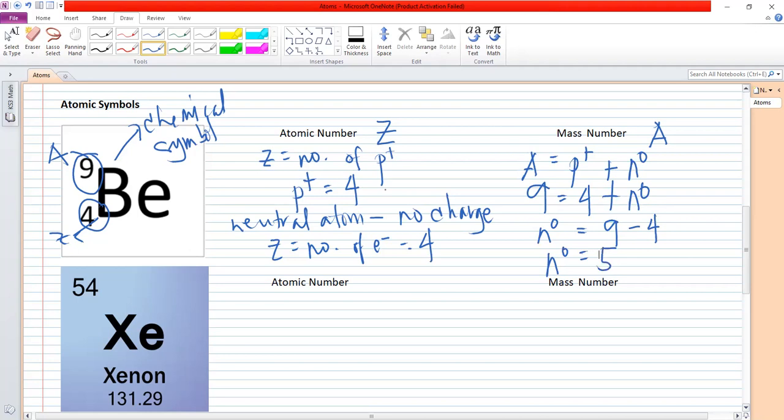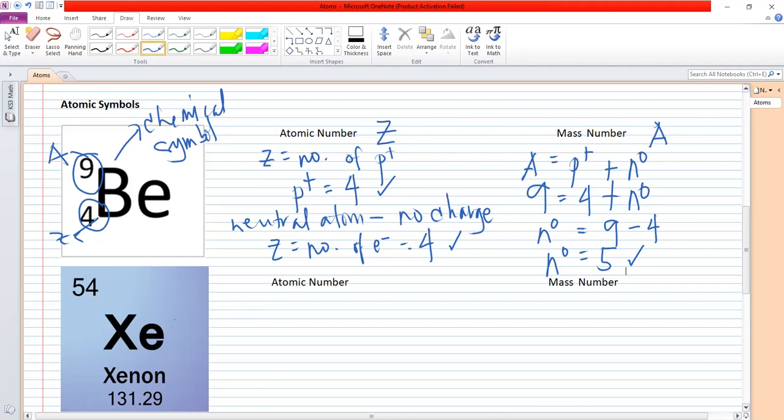So for beryllium, the number of protons is 4, the number of electrons is 4, and the number of neutrons is 5.